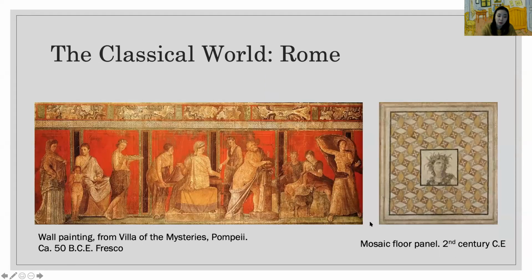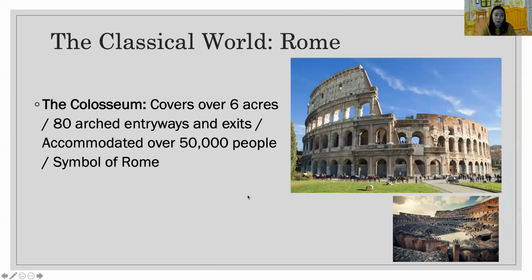Roman art tends toward realism. As you see in the wall painting on the left, all the figures look very natural and realistic. And the Romans were best known for their architecture and engineering.